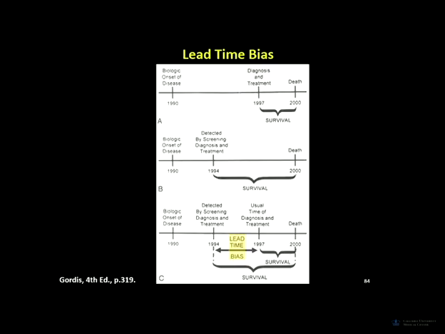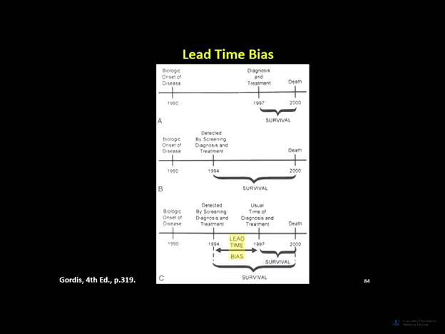Okay, this is an old book, 1997, 2000. So this is their survival time, from the moment they were diagnosed to the moment they died of that illness. Let's take, in panel B, someone who goes through a screening program.